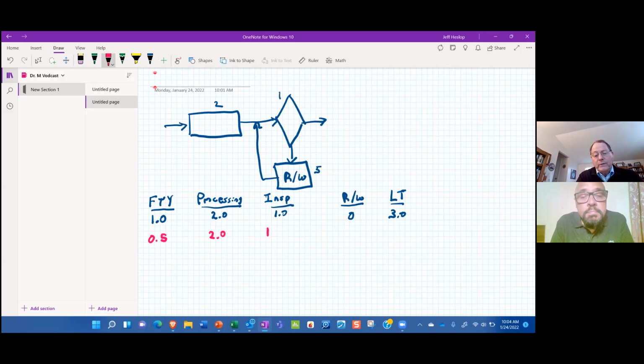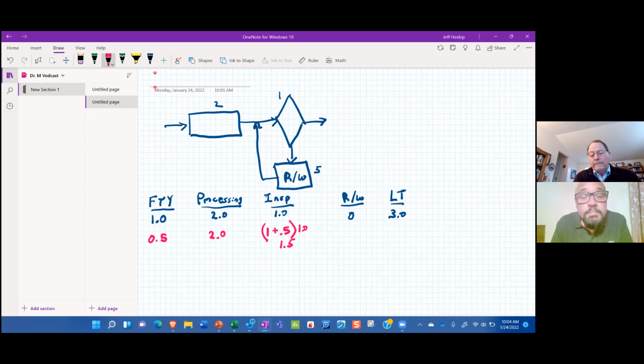But how often will you have to inspect a unit again? Well, half the time. So see, the workload has gone up for inspection, and it takes an hour each time we do it. So now to get a good unit, we're spending an hour and a half on inspection instead of an hour, okay?